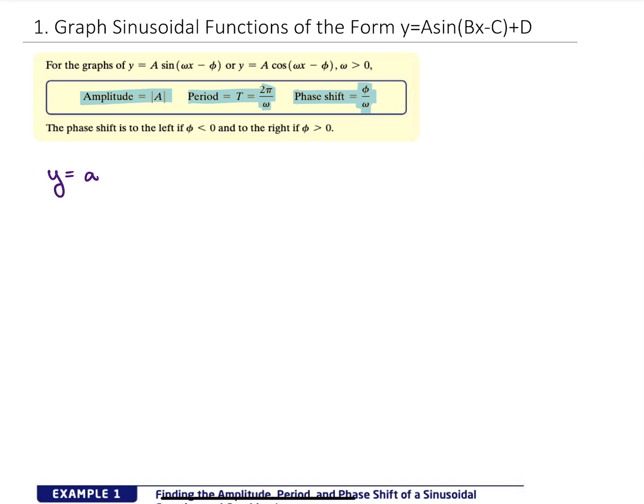So you could have something multiplied in front, something multiplied inside, and I'm going to write it in this factored form. So I can say b times x minus c in parentheses plus d. We could also have a similar thing for the cosine.